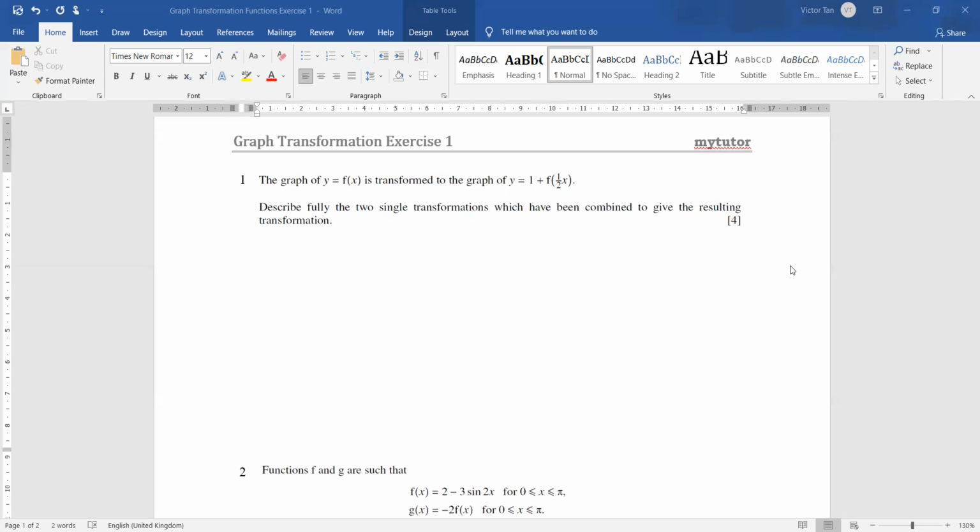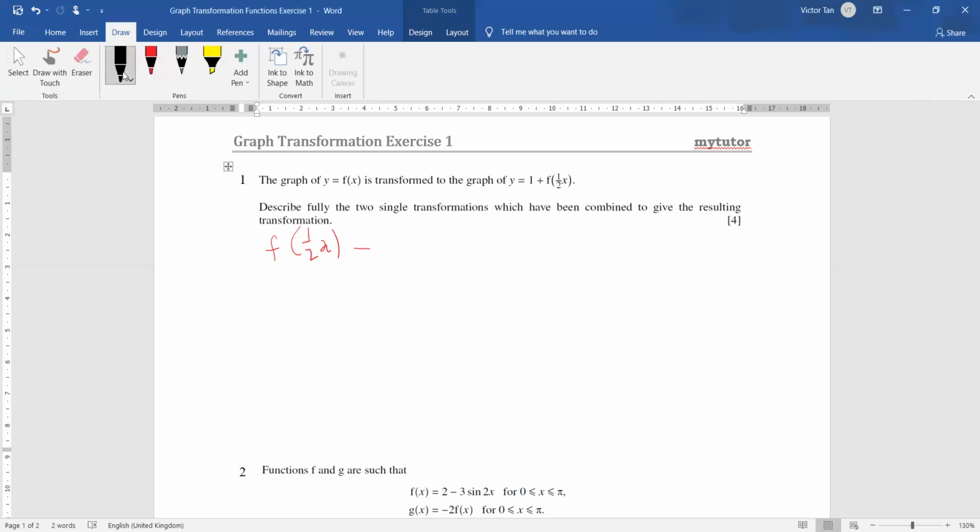So in f(x/2), this is a horizontal stretch. Scale factor: if it's 1/2, then the scale factor is 2.